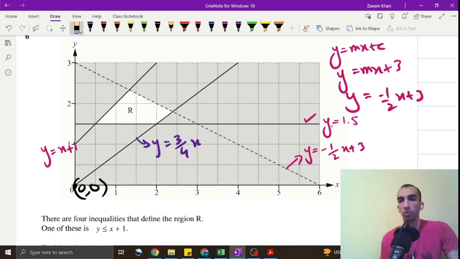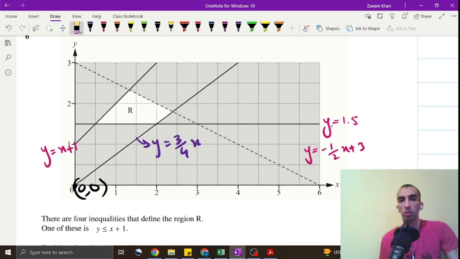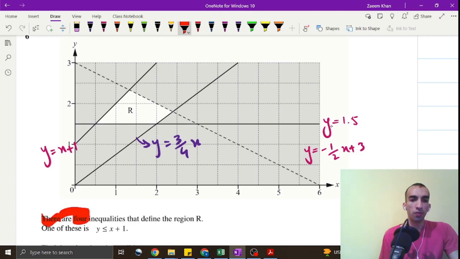I just want to show you the equations that we are supposed to work with. Here are the 4 equations that we're supposed to work with. Now the question says there are 4 inequalities that define the region R.